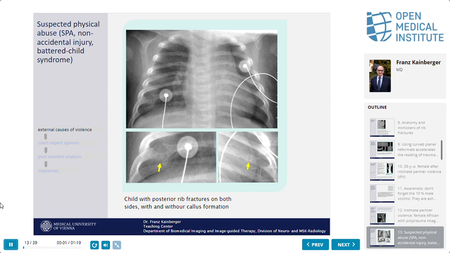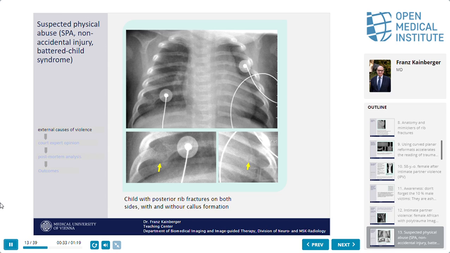Choking, to some degree, can be very important in post-mortem imaging, because in choking you have a distinct finding: in the larynx, the arytenoid cartilage may luxate. This is very difficult to prove by the coroner during dissection, because when the coroner opens the larynx, the arytenoid cartilage falls down, so he cannot prove that it was luxated.